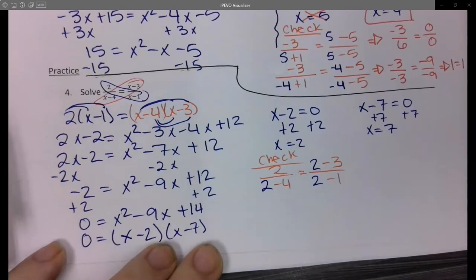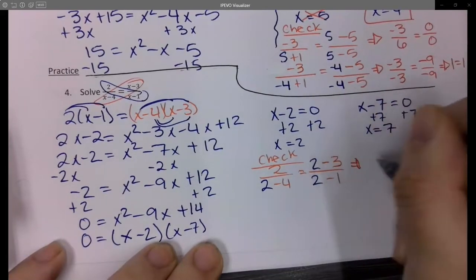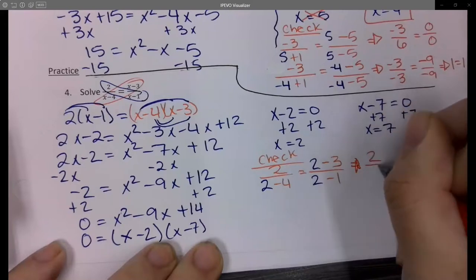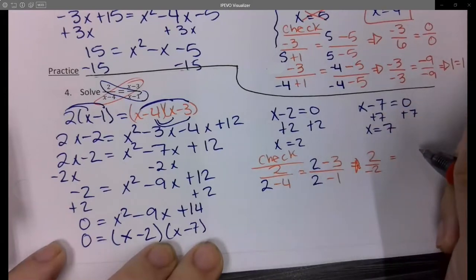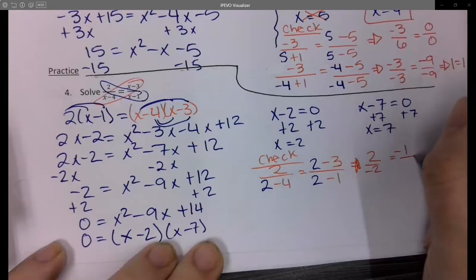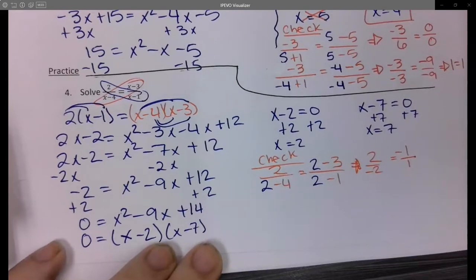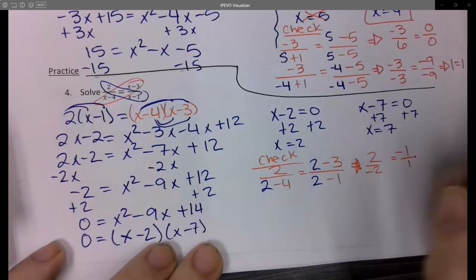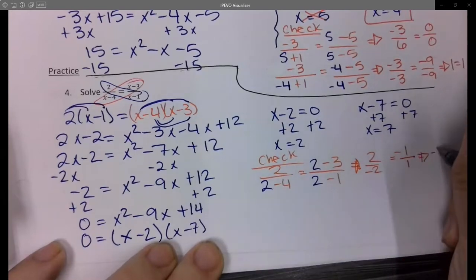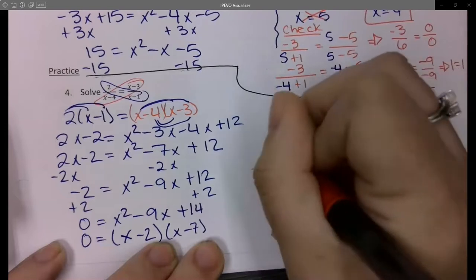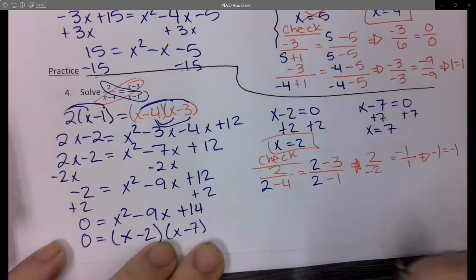So then if I simplify this one, I have 2 over negative 2. And then on the right side, I have negative 1 over 1. Do these simplify to the same thing? They're both going to give me negative 1. So this one works. Then I need to check the other one.